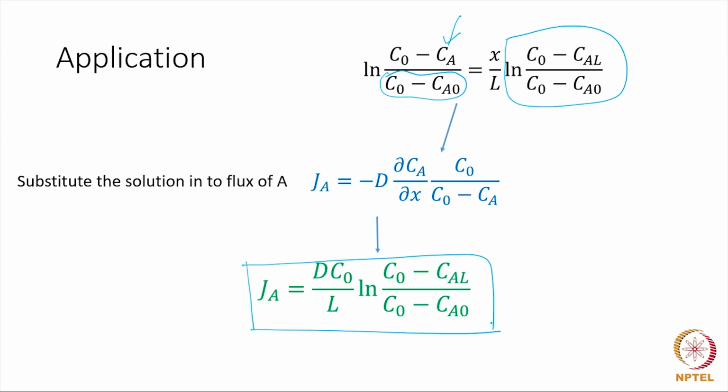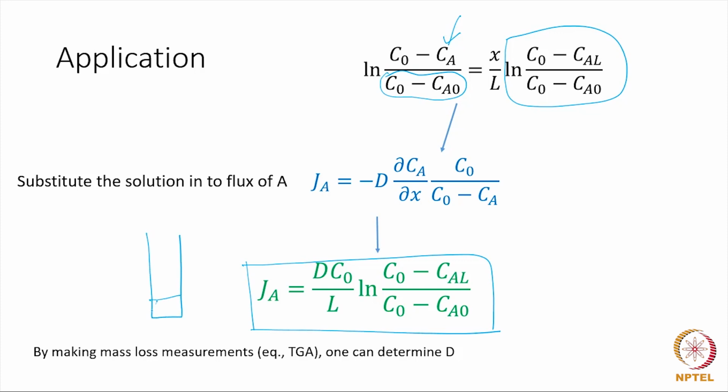Now, why is this useful? This is useful because when we know the cross-sectional area A of the crucible, which is actually undergoing this particular process, then when we multiply with the flux, we get basically the mass loss.